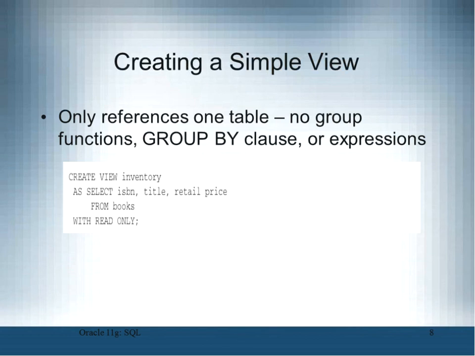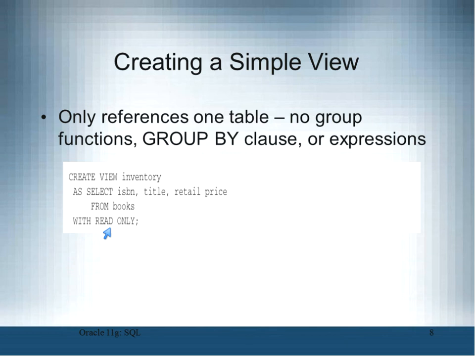Let's look at the simple view. One table. Here's creating a view. Create view inventory. We're saying we get ISBN, title, retail price from books, with read only. So this select query, select ISBN, title, retail price from books, is a valid select statement, and that will return all the books, but with only 3 columns: the ISBN, the title, and the price.